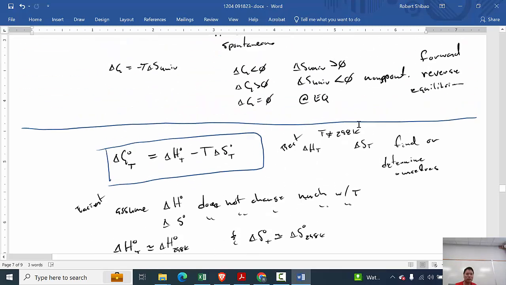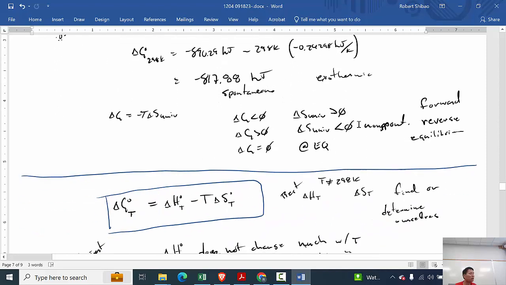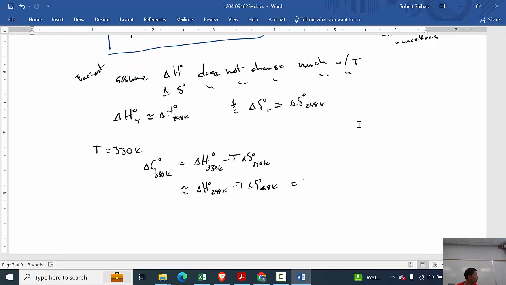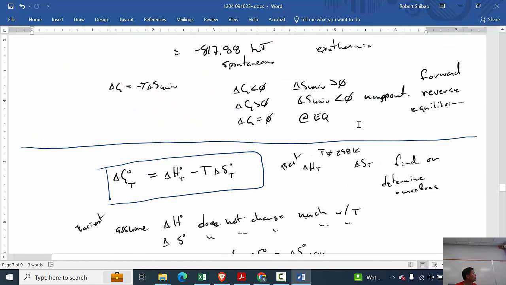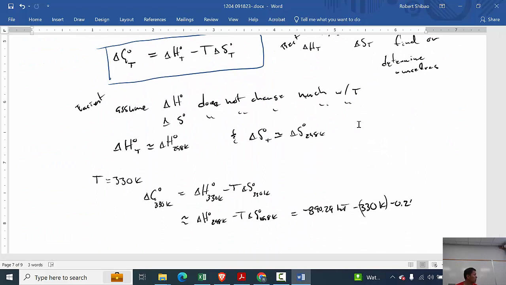And so this is our delta H naught. What did we just calculate up here? Minus 890.29 kilojoules. And our T is going to be minus 330 Kelvin times our delta S, which was minus 0.2, about 200, so it was 242.98 kilojoules.